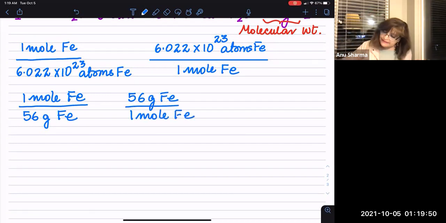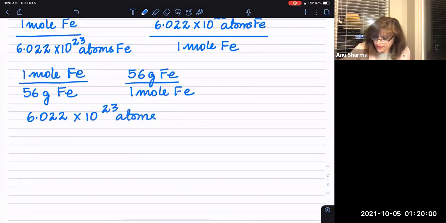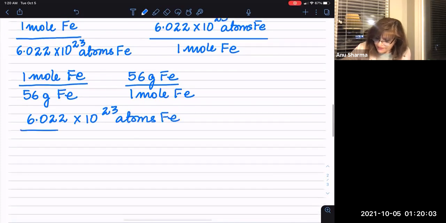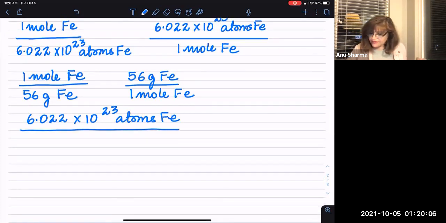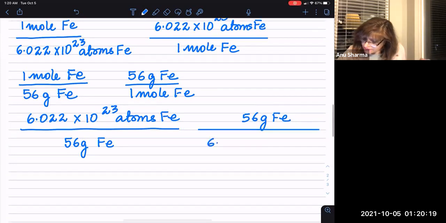Next is the number of particles. 6.022 into 10 to the power 23 atoms of iron are present in 1 mole, and we already have that, and they are present in 56 grams of iron, or 56 grams of iron contains 6.022 into 10 to the power 23 atoms of iron.